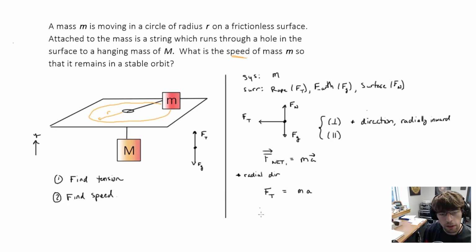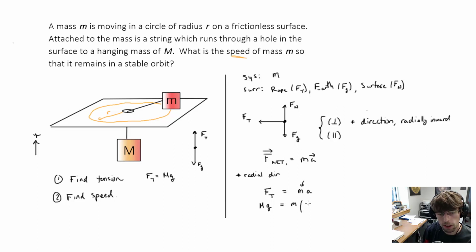Well, let's go ahead. We have an expression for the tension force from the previous problem. Remember that the tension force was equal to our mass times our gravity, our big M. So I'll go ahead and substitute that in, big M times g. Over here, this is truly the mass of the little mass, so we'll leave this as little m.